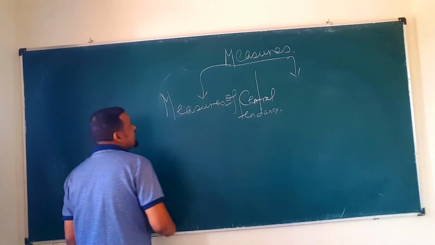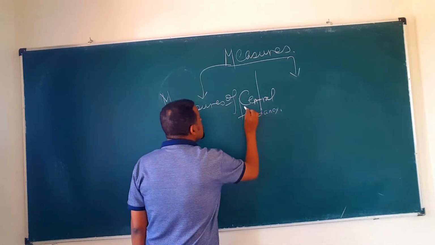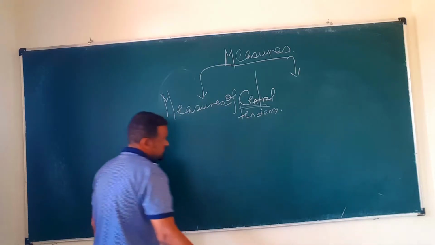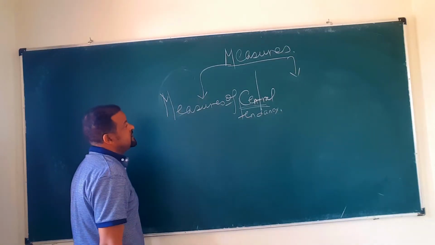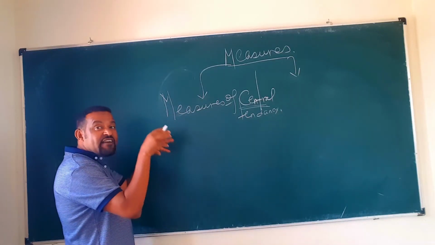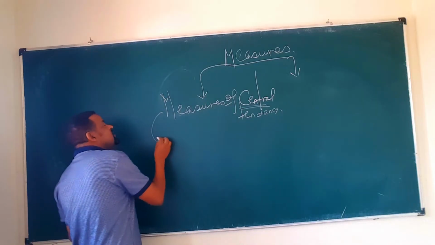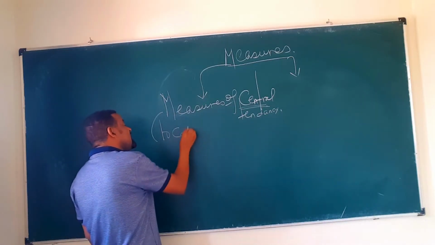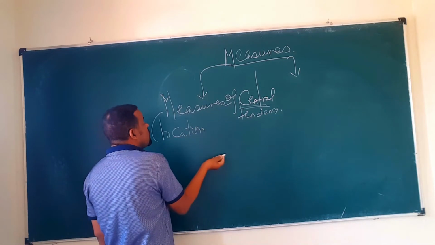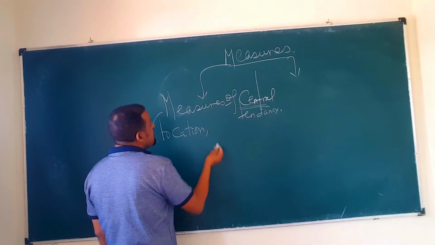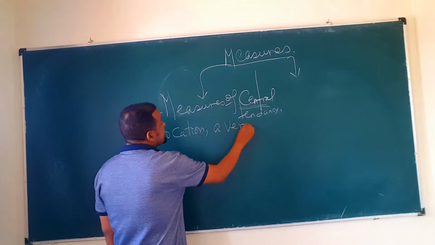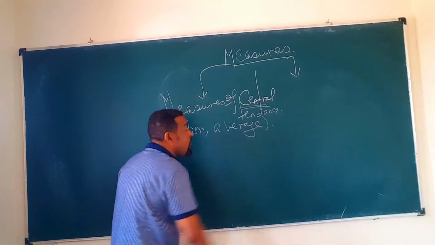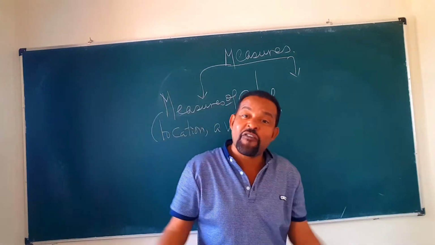This measures of central tendency focuses on the central values. They are called measures of location, or they are called measures of average, because they focus on the average of the data.